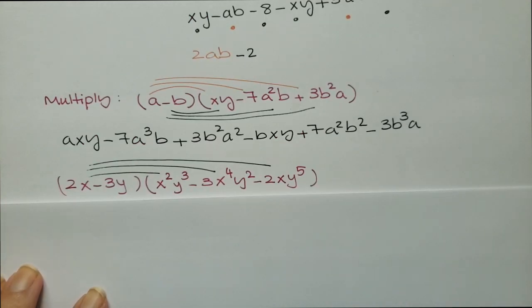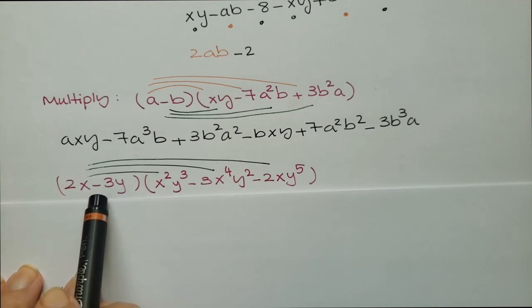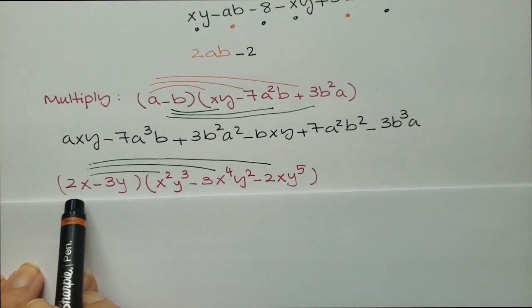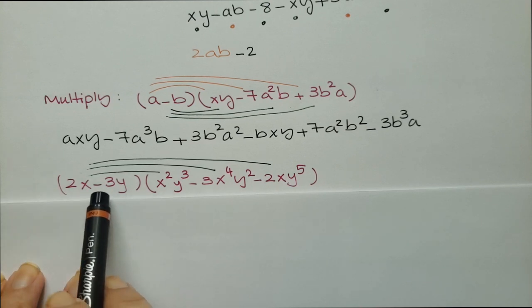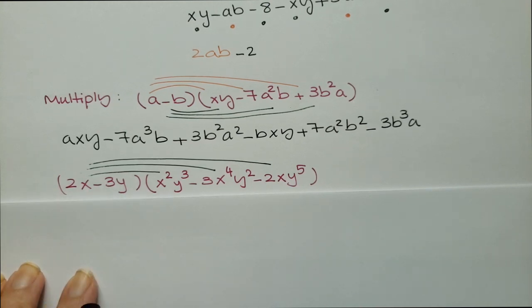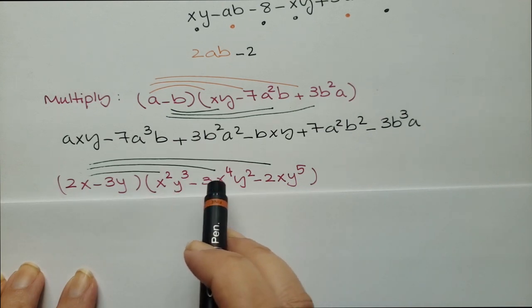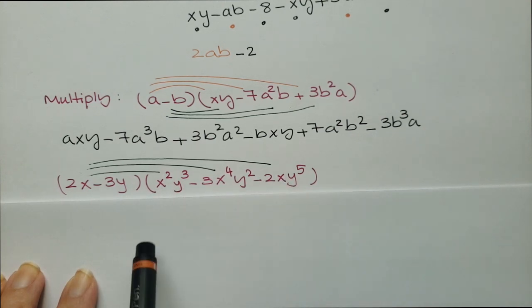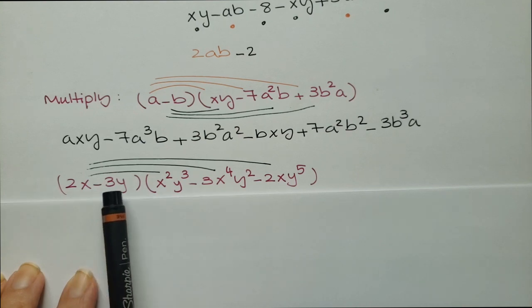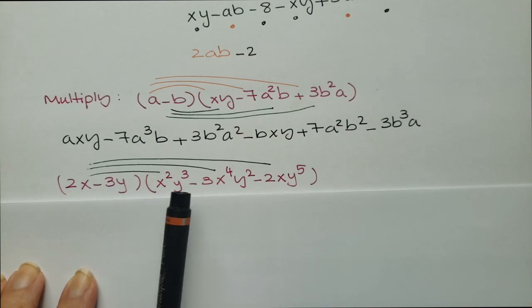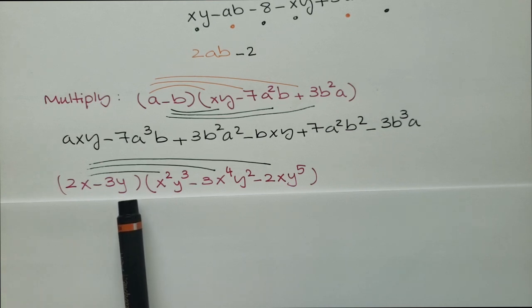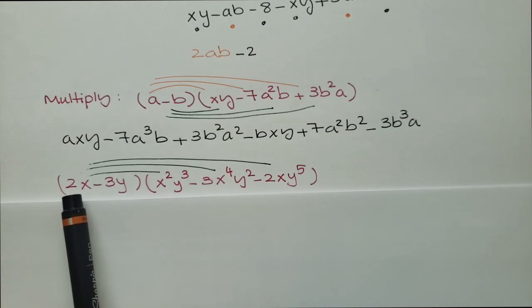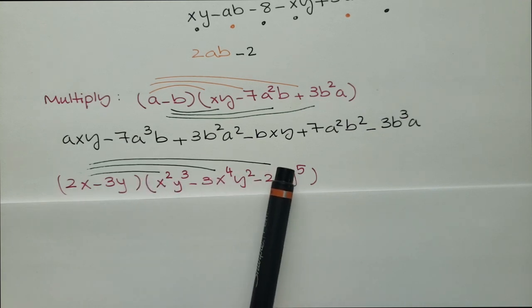Let's do another multiplication. Here again, I have two brackets. The first bracket comes with two terms. The first term 2x, the second term negative 3y. The second bracket has got 1, 2, 3 terms. So I would expect 2 times 3, 6 terms before simplification. As I just mentioned, 2x, which is the first term, should be multiplied by each term.